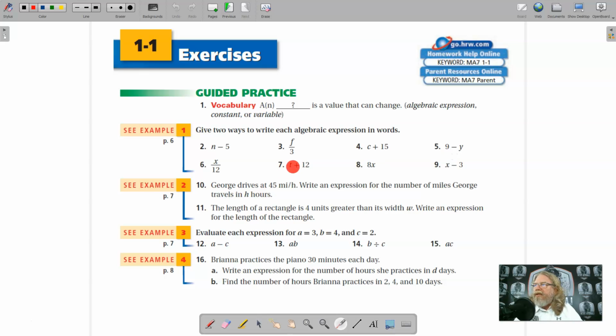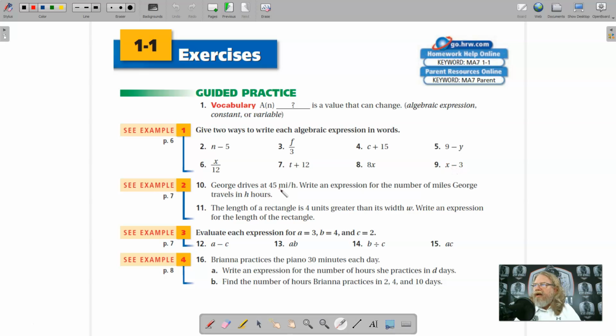Number 7 is t plus 12. We could also say the sum of t and 12, or add 12 to t. And then finally, for 9, we have x minus 3. We could say the difference of x and 3, or 3 fewer than x.